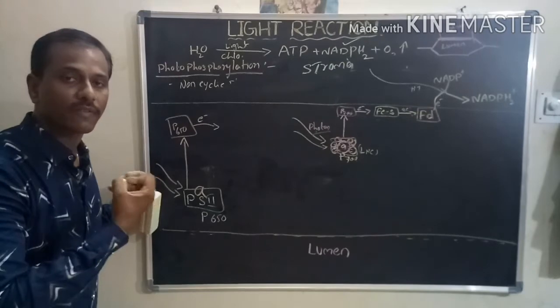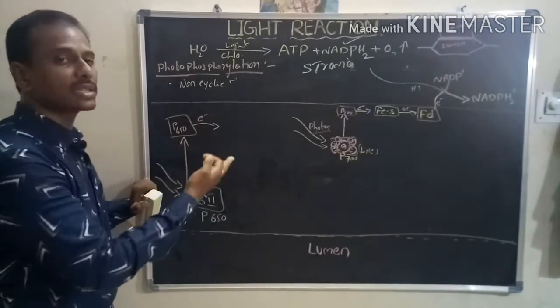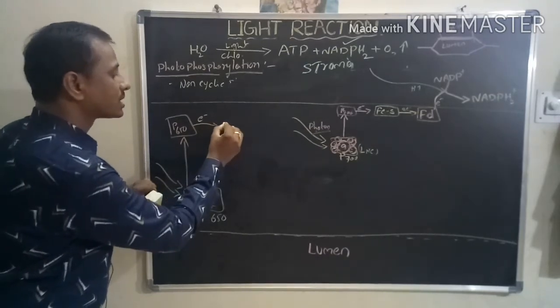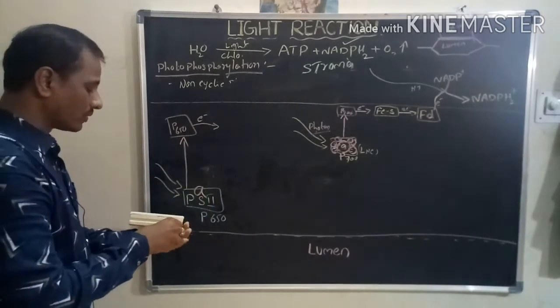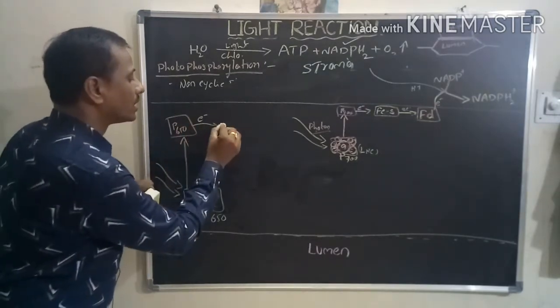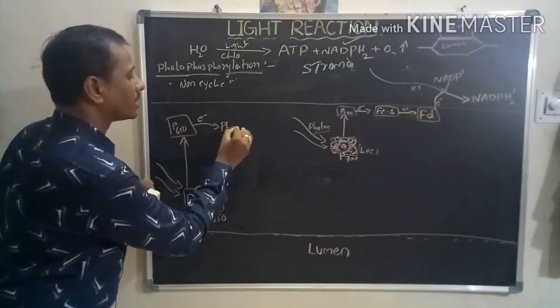Due to receiving light energy, it releases its outer valency electron. That electron is first received by a molecule near the PS2, an intermediate molecule, that is pheophytin.